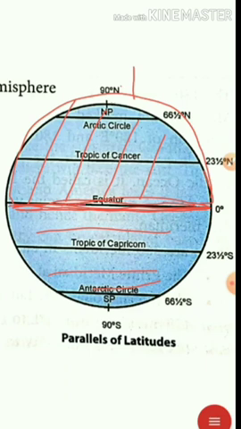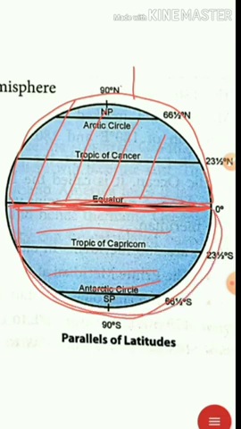In the same way, from the equator towards the southern pole, it means 90 degrees south, that portion is known as the southern hemisphere.